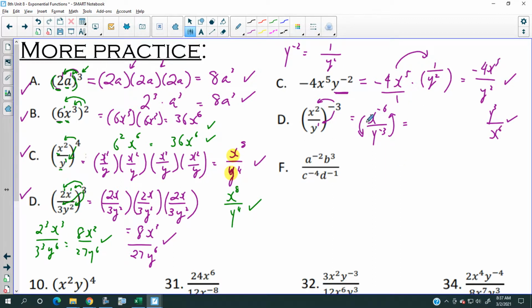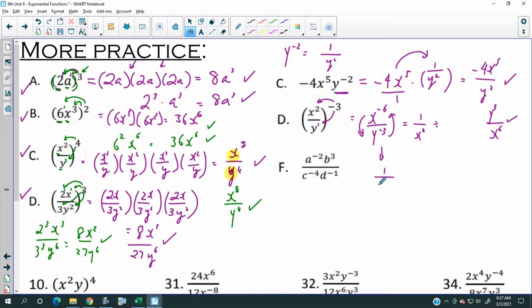Now, if you want to get technical and say, Mr. Ng, show me how you actually did it, watch this. If I look at the x to the -6 power, if I don't want that, what do I do? I just do 1 over x to the 6, divided by y to the -3rd power. But you have to be careful. This isn't y to the -3rd power.